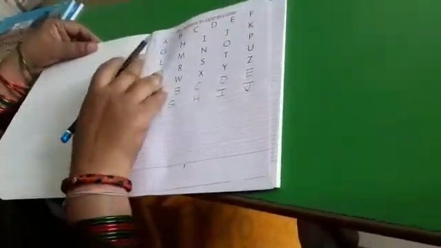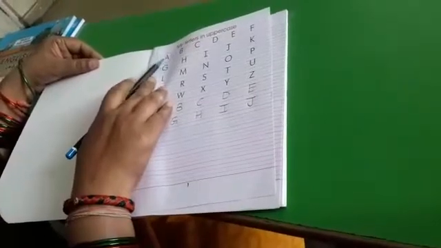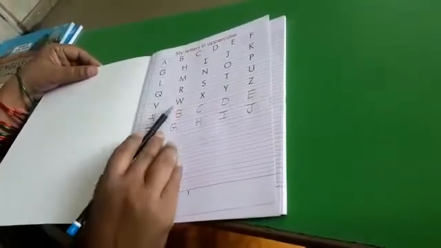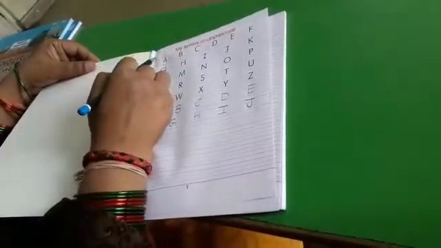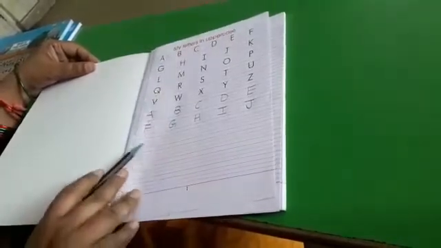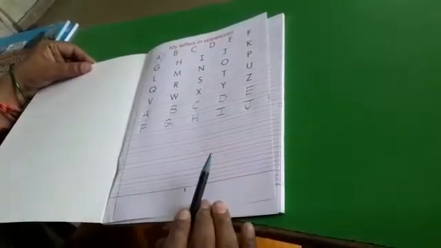See above how the letters are written in which line, follow the lines, and copy the same thing here one time. Put today's date here on page number 1, and while writing, read the letters also. Only one time you have to write in this book.